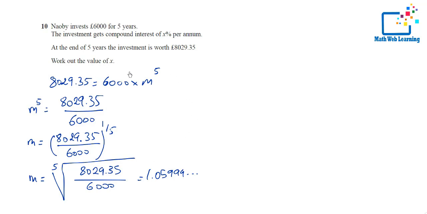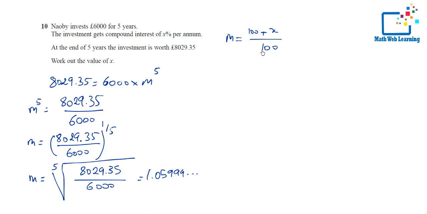Now, how do I work out the interest from this? The multiplier is calculated using the original percentage, which is 100, plus the interest paid by the bank, divided by 100 to change it to a decimal number, because a multiplier is a decimal number.